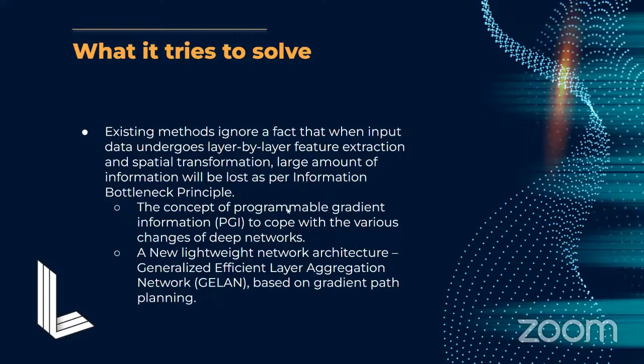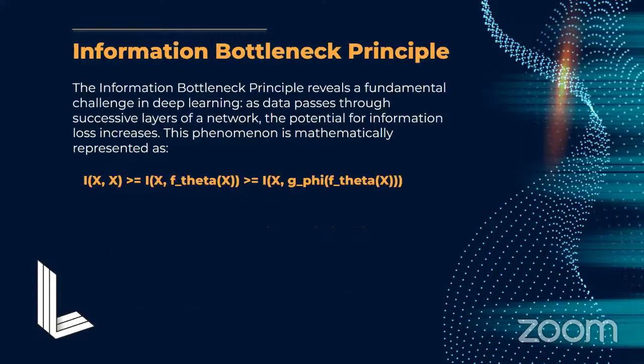So using the concepts of programmable gradient information and the generalized efficient layer aggregation network, called GELAN, the architecture is fine-tuned on the existing models, and that's how significant performance is achieved. So yeah, next slide.